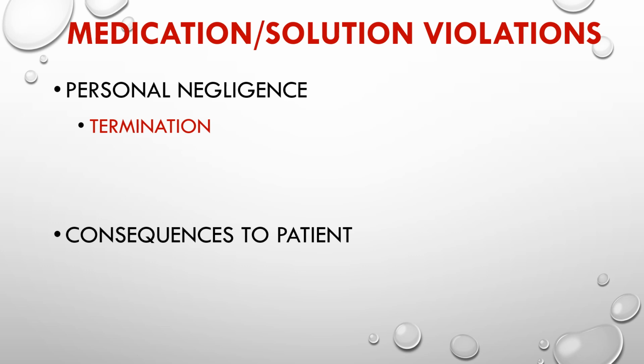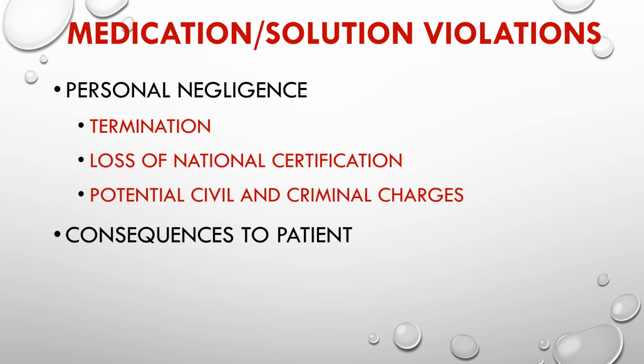Termination is a possibility, loss of your certification, or potential civil or criminal charges. It depends on whether it was intentional, whether it was an accident, and how likely it is that the events could have been an accident.